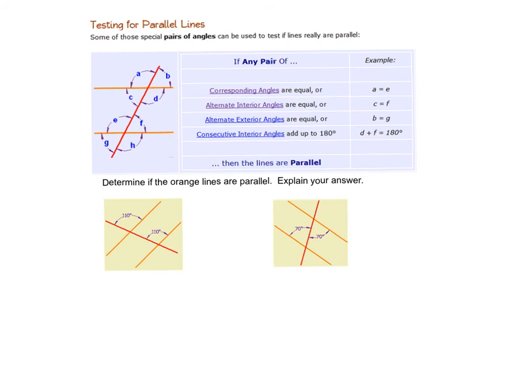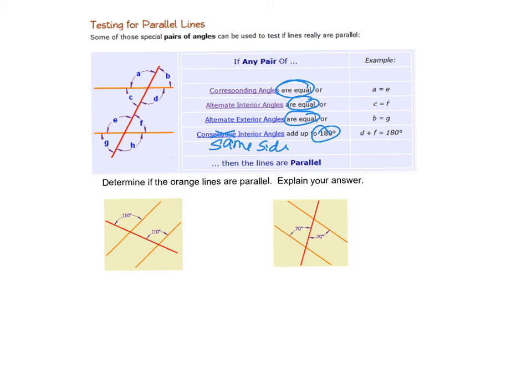All right, testing for parallel lines. You know the angle properties. Corresponding angles are equal. Alternate interior angles are equal. Alternate exterior angles are equal, and consecutive interior angles, the same side, add up to 180.